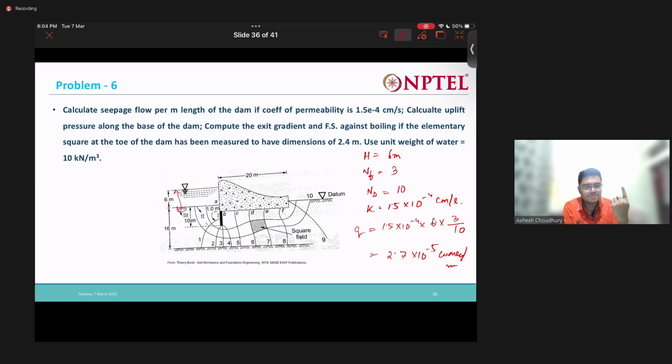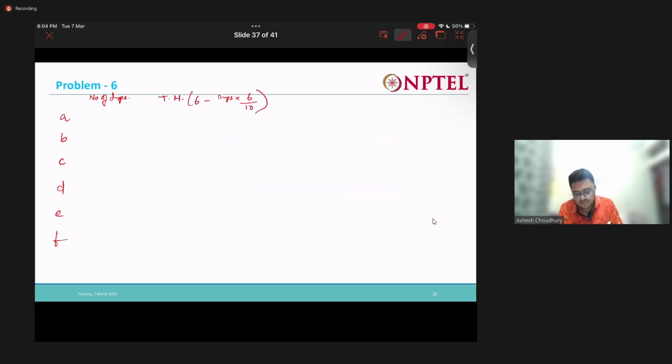So in one drop 6 by 10 amount of head is lost, right? So total head will be 6 minus number of drops into 6 by 10. Then we will have the elevation head, then the pressure head, then the uplift pressure.